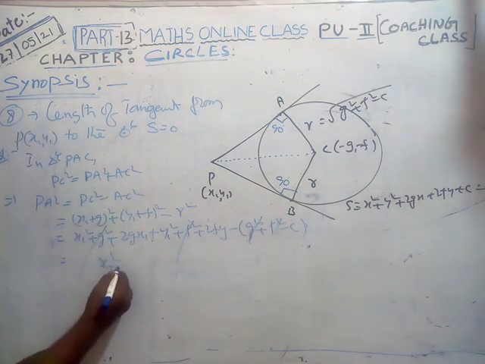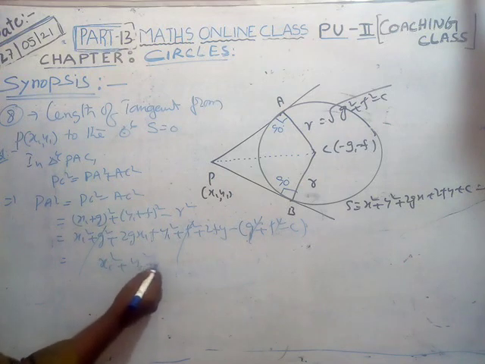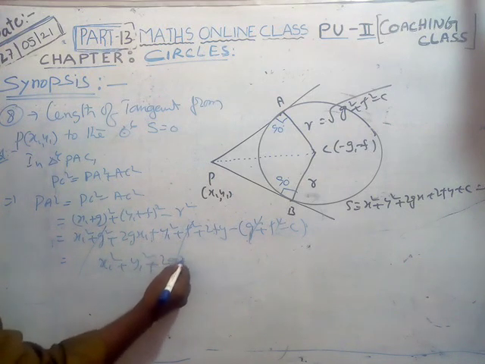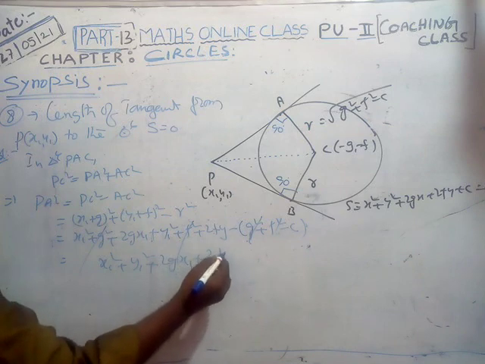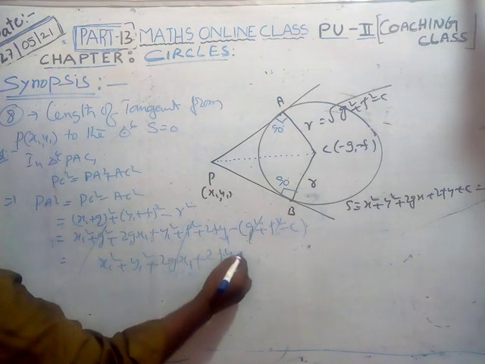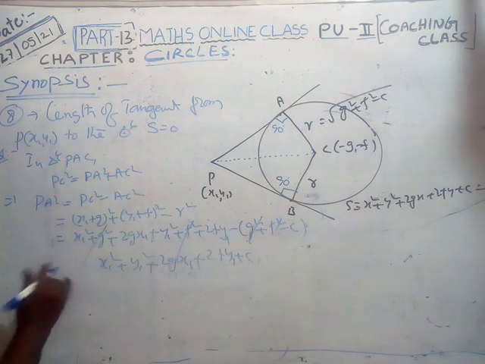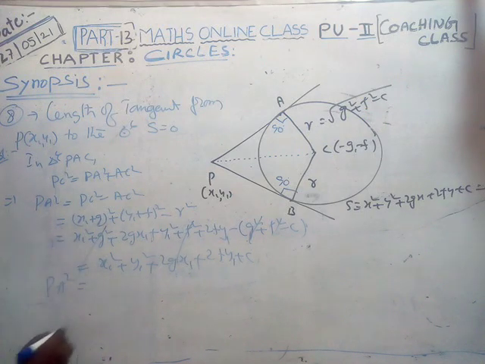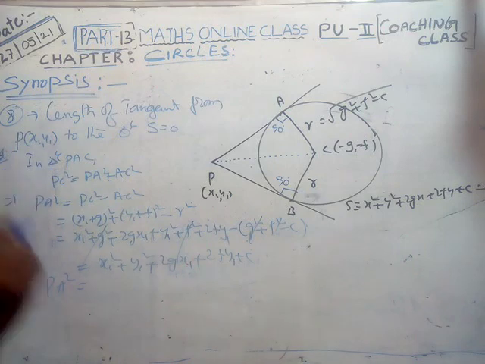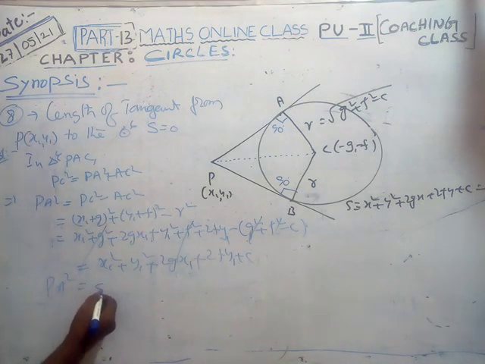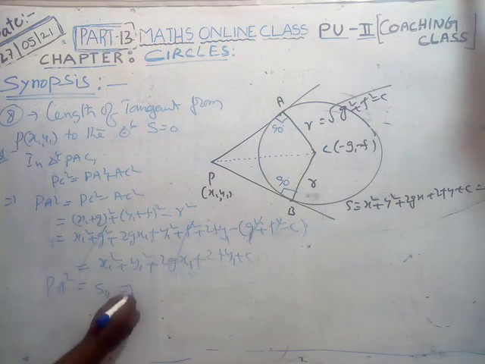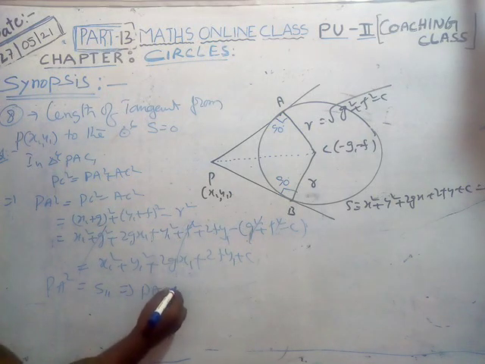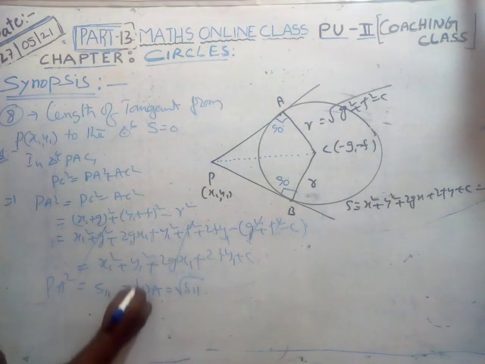So we get x1 square plus y1 square plus 2g x1 plus 2f y1 plus c. Okay, na? So PA square is this one. This is nothing but, by the notation, S11. So that implies PA is equal to root S11.